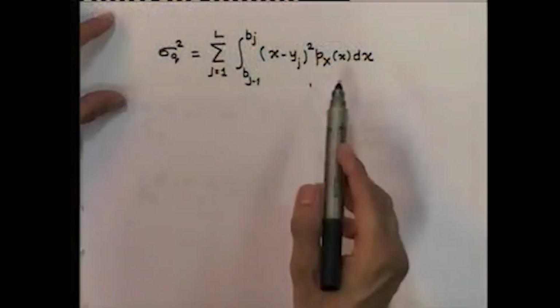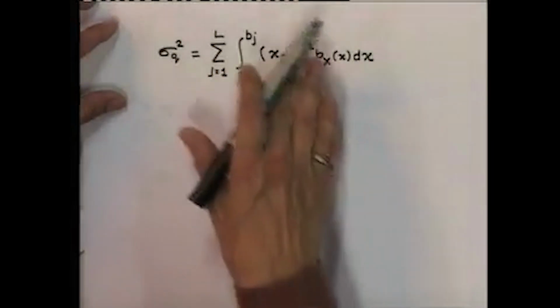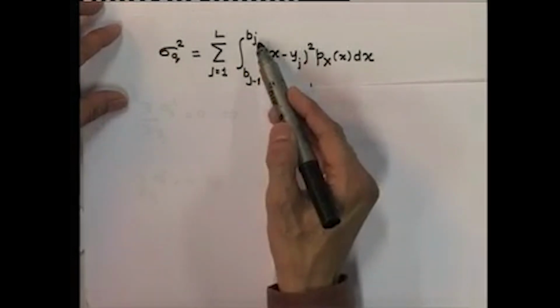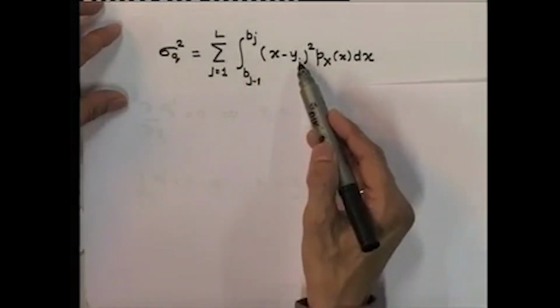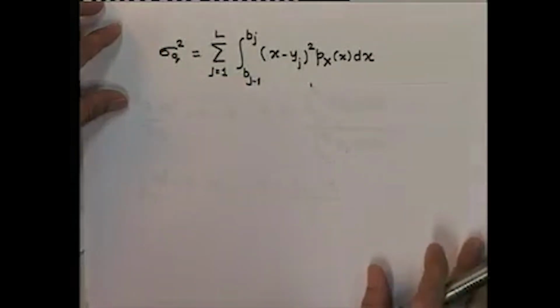Now, let us look at the design of such a non-uniform quantizer in more detail. If we have a probability model for the source, then a direct approach for designing the best non-uniform quantizer is to find the b_j's and y_j's that minimize this equation.